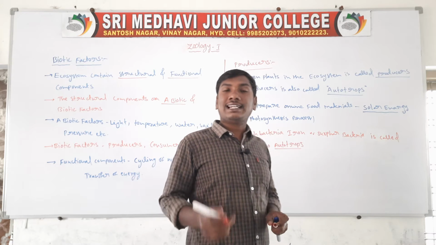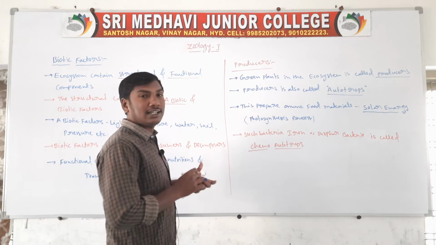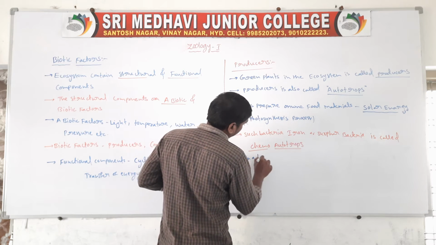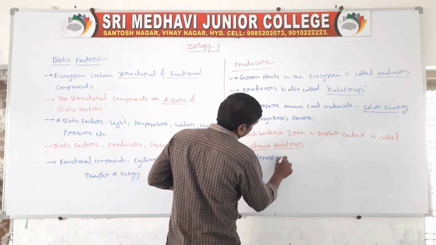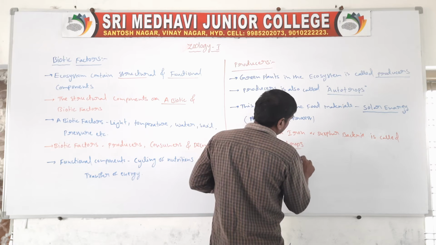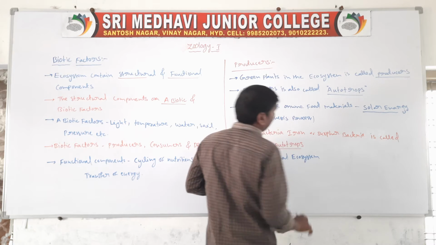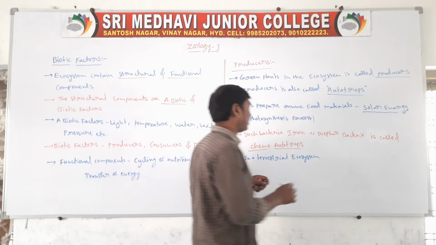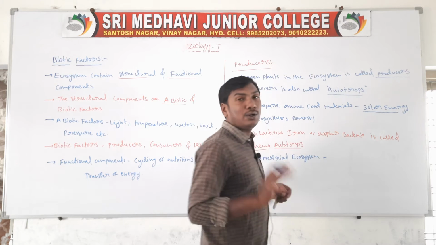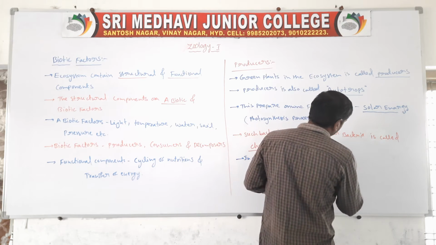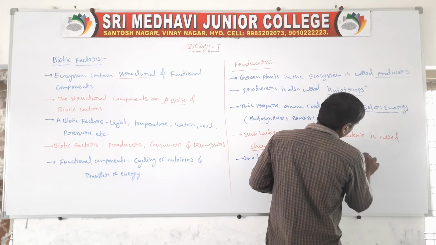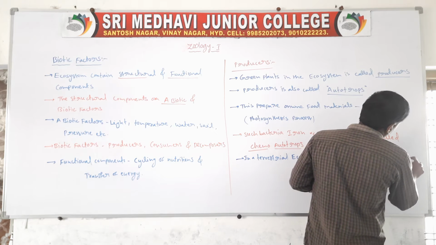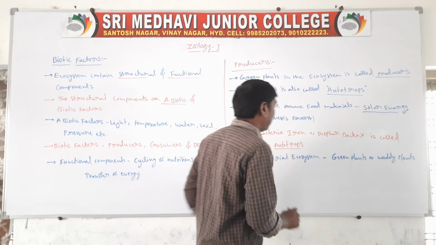Next one, in a terrestrial ecosystem and an aquatic ecosystem. First one, in a terrestrial ecosystem, the green plants are the producers.